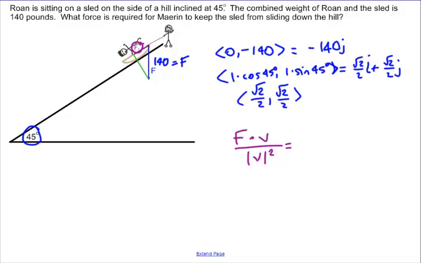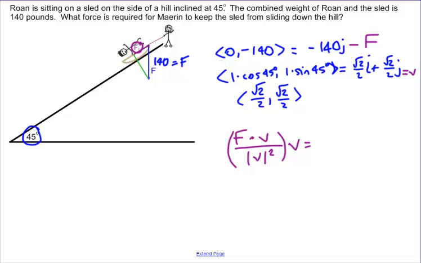Okay, so here's my force vector, here's my hill vector, my direction. We're going to multiply that times the vector v, so we get a magnitude and a direction. So big force dot product here. Notice that this is 0 times square root of 2 over 2. That's 0.